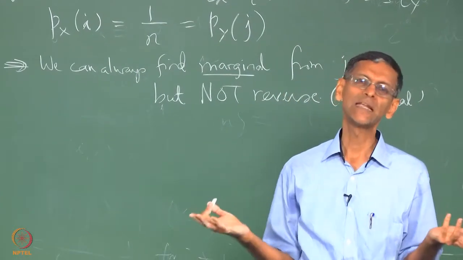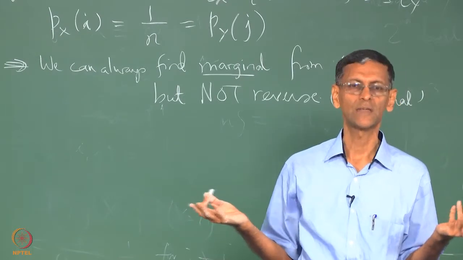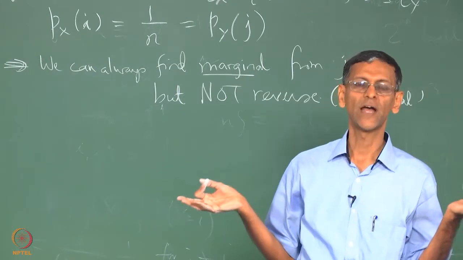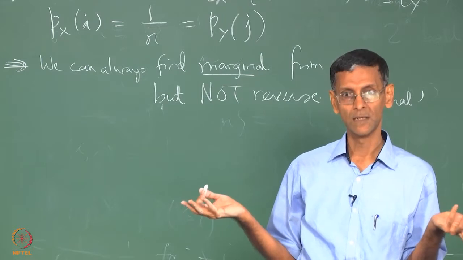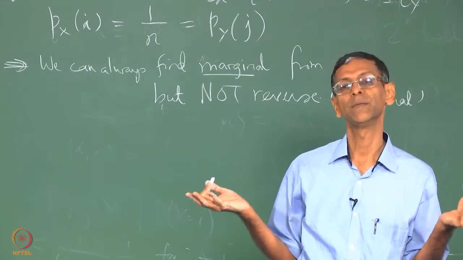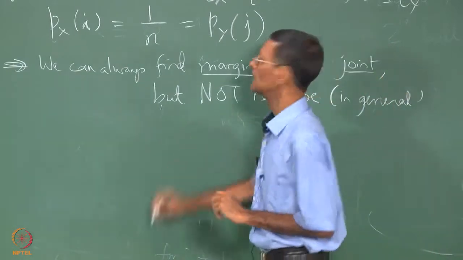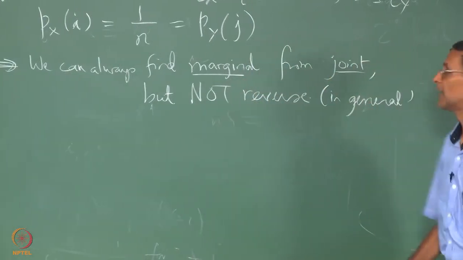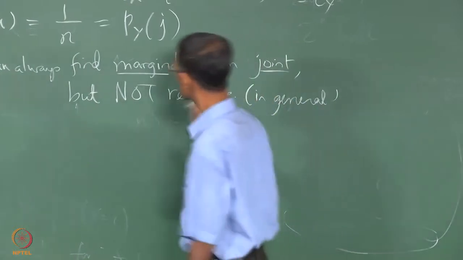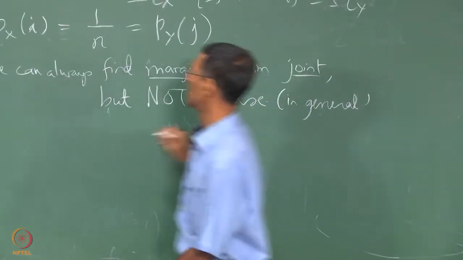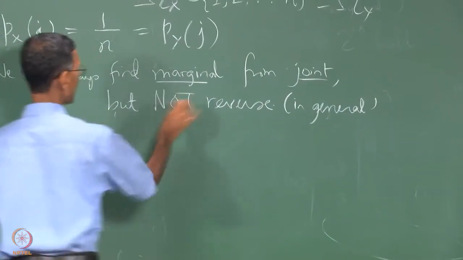But when you do balls with replacement, it turns out that the second drawing is completely independent of the first drawing, and you get a totally different joint PMF. We will have to say that for a little bit, but anyway, you cannot do the reverse calculation, and this has to be kept in mind.